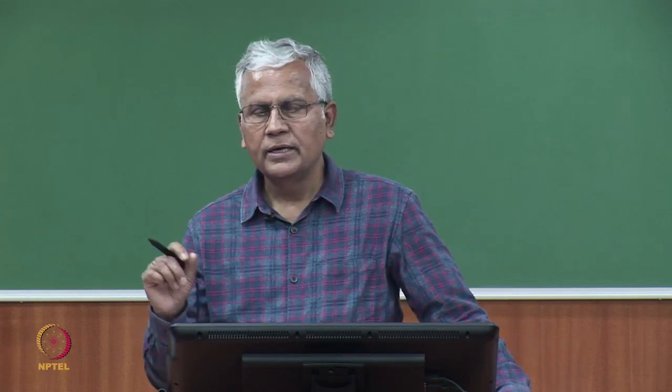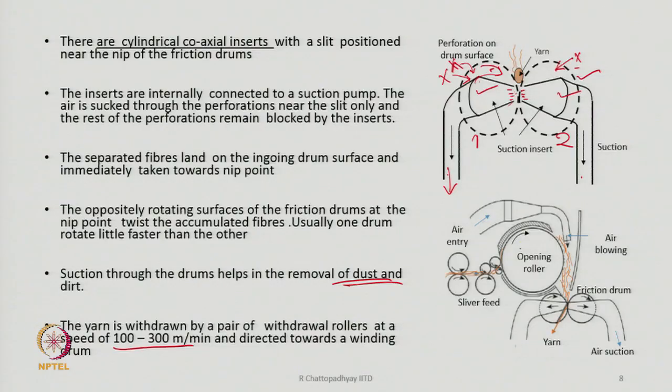An accumulation that is equal to whatever count of yarn we expect. And they are receiving twist because of the two drums, and you will see that when we discuss the twisting action in a little more detail.